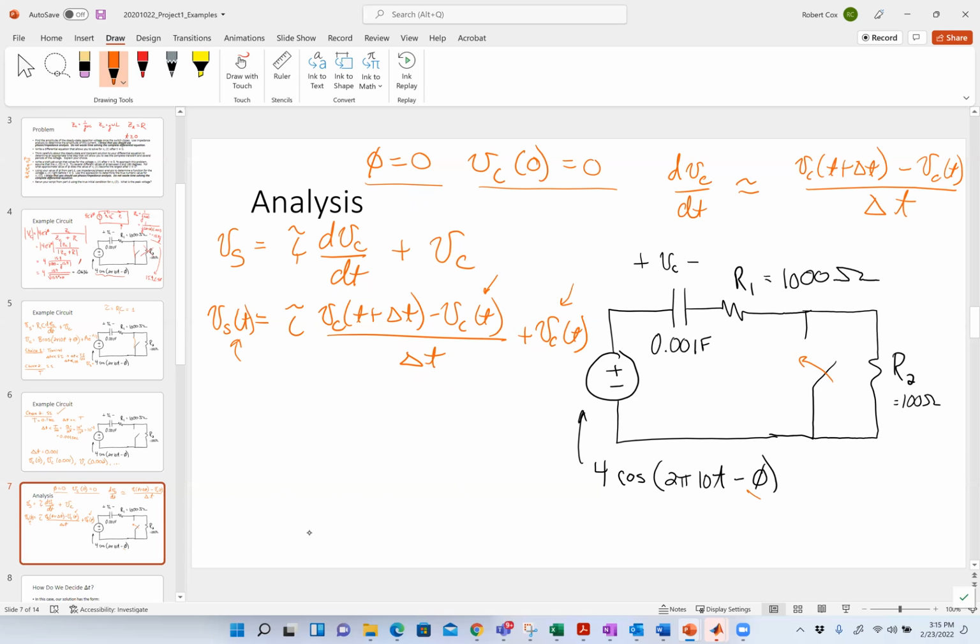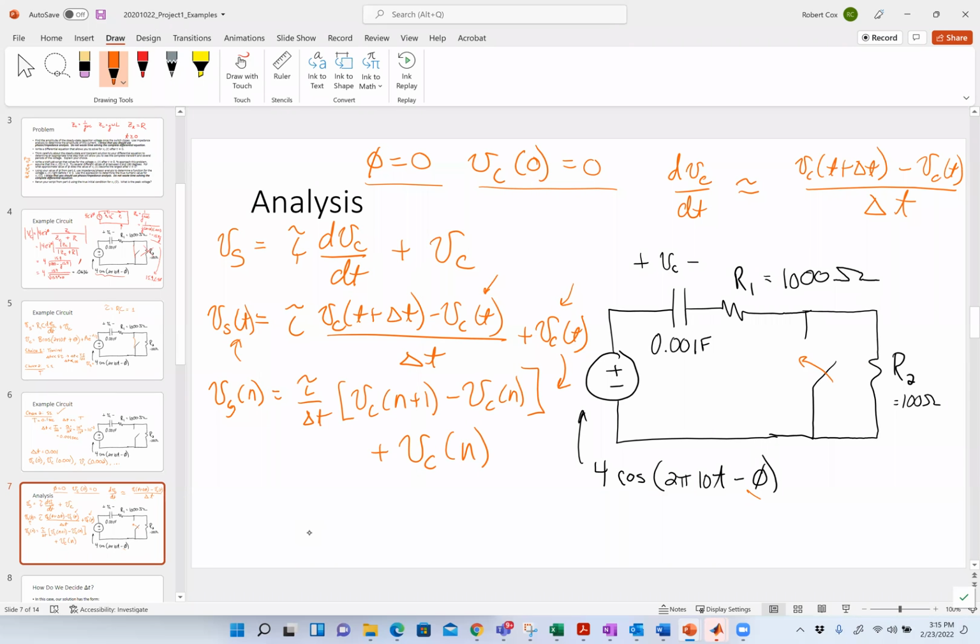So I wrote this and said, I could also say this is V sub c of n, the current value. So tau over delta t, and then this becomes V sub c of n plus 1 minus V sub c of n, plus V sub c of n.